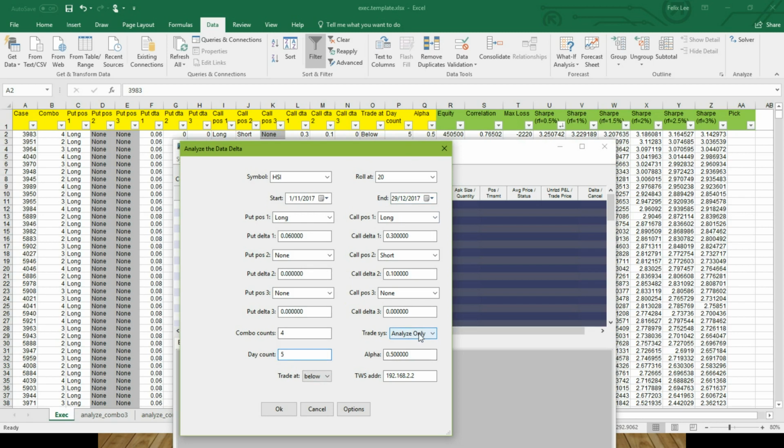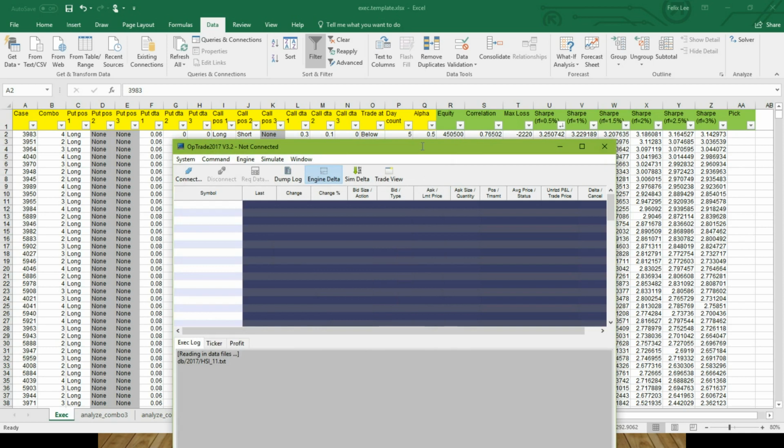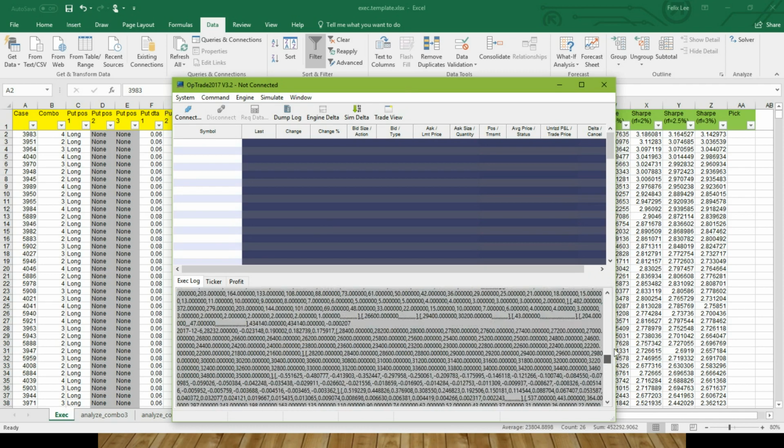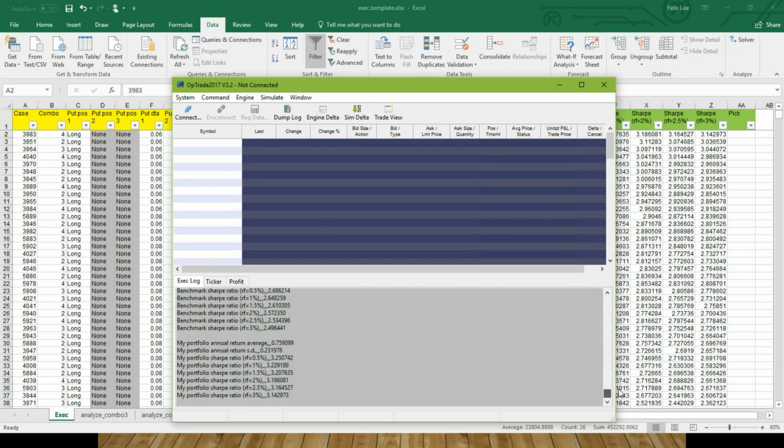The analysis engine will also use the end of the day price to simulate the trading and to analyze the daily return result of the scenario. After the analysis is completed, the system will output the details of the scenario.